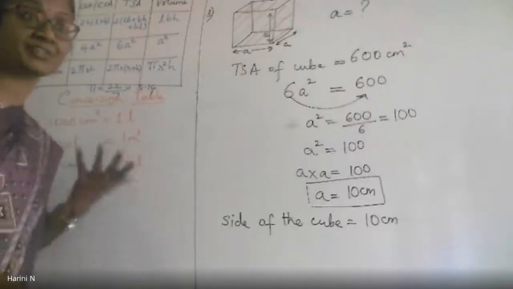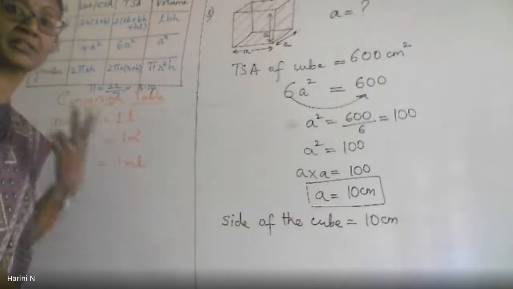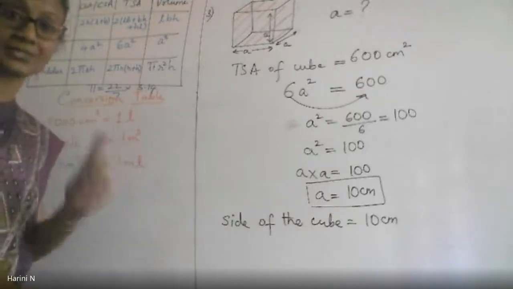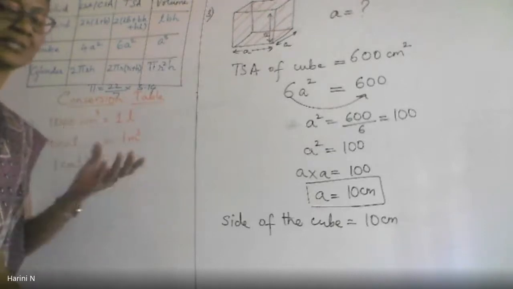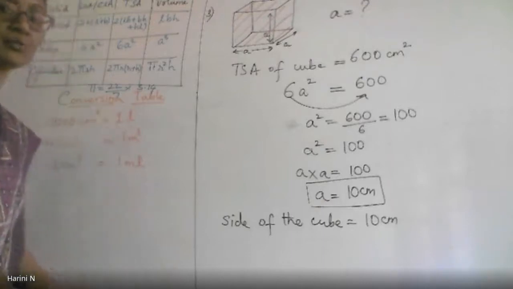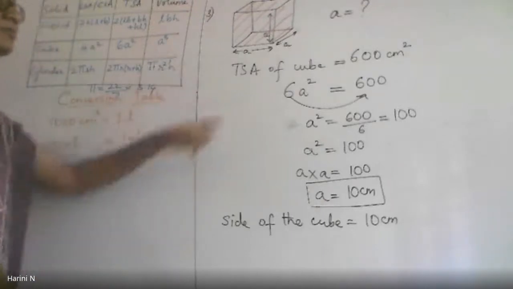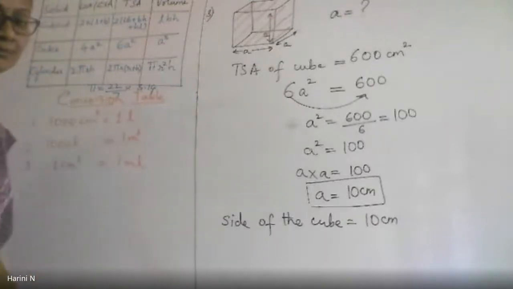So it's a major share. Out of 11 marks, I have two questions in section B and 1 question in section C. So definitely there are going to be problems related to surface areas and volumes, which you should be able to do, and you will be able to start a problem only when you know these formulae. Otherwise, you can't even start the problem.